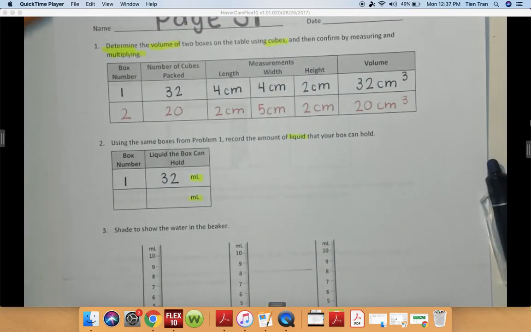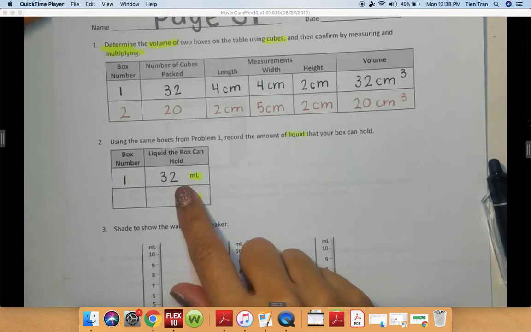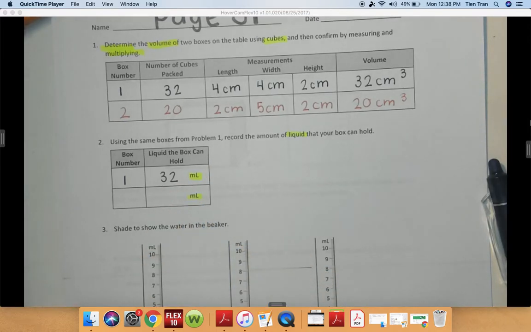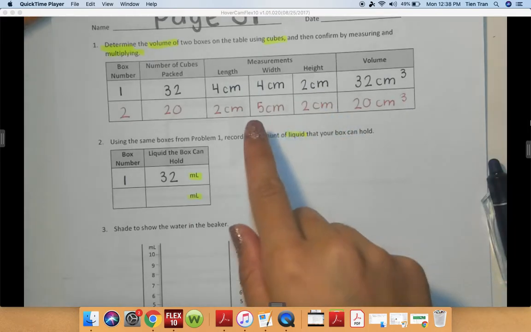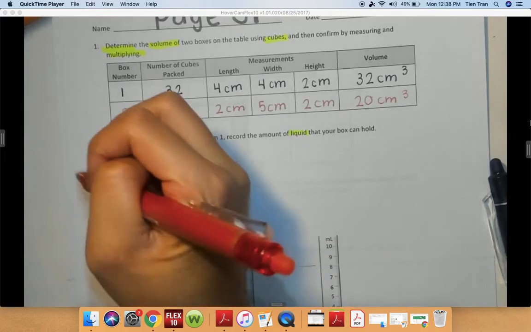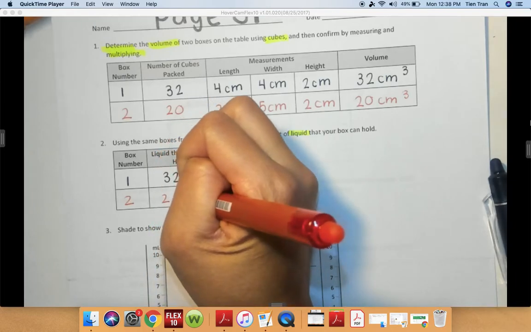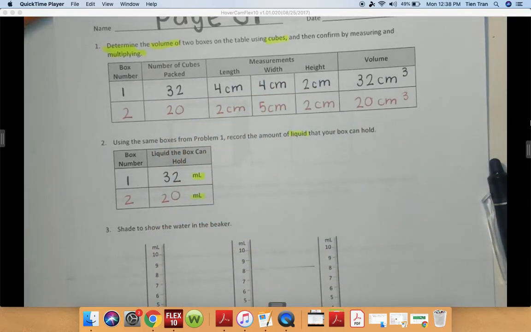Milliliters and cubes are the same. If I were to pour water into my box, it would have the same amount or volume as if I were to measure in centimeters. So box 2 is also going to be 20 milliliters as well.